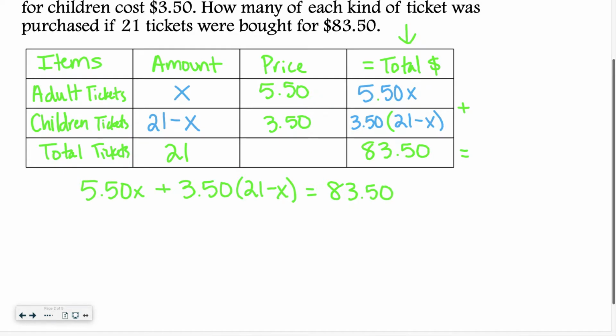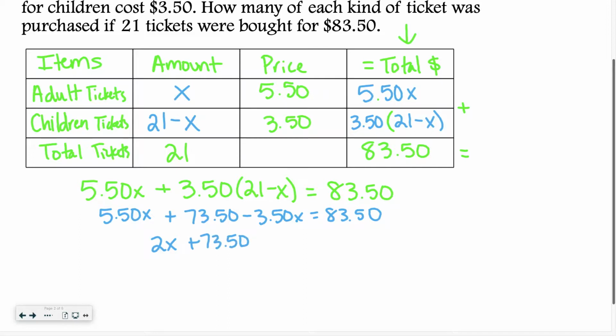Now from there, I can start simplifying just like we practiced yesterday. 3.50 times 21 gives me 73.50, minus 3.50x equals 83.50. If I combine my x's, I have 2x plus 73.50 equals 83.50.